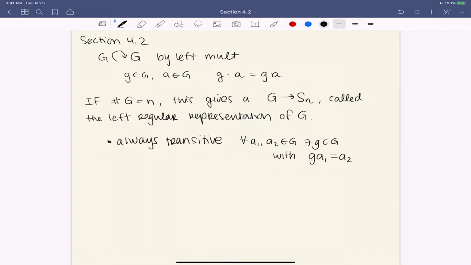And it's easy to find this g, right? This little g is just a2 a1 inverse, if you check this multiplication. And of course, a2 a1 inverse always exists by the axioms of a group. So it's always transitive.